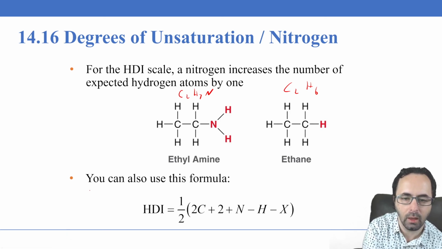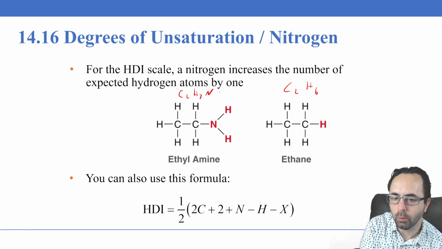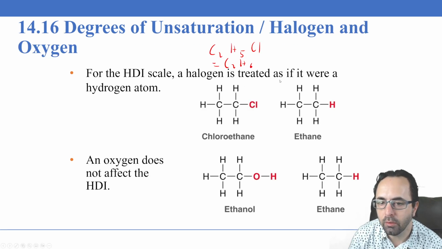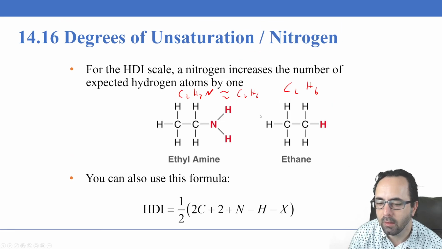For every nitrogen, I subtract 1 hydrogen. So this is equivalent to a saturated C2H6, so this is saturated. So in general, for a halogen atom, you add 1 hydrogen, which would be where it is. For oxygen, you ignore it. For nitrogen, you remove 1 hydrogen. That's the extra hydrogen that's attached to nitrogen, for comparison to a saturated hydrocarbon.